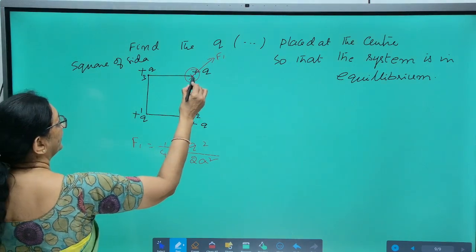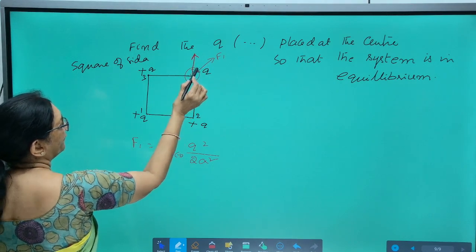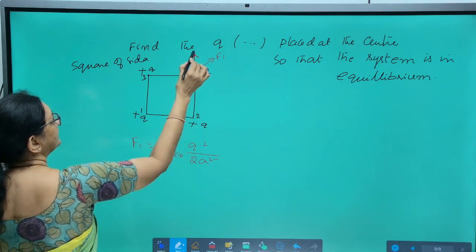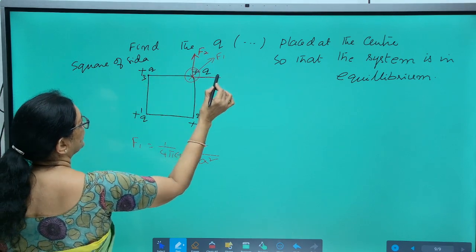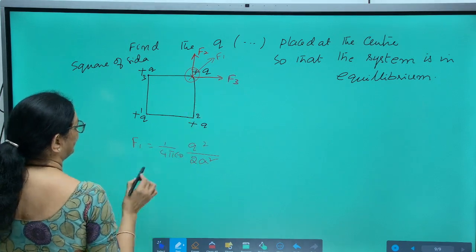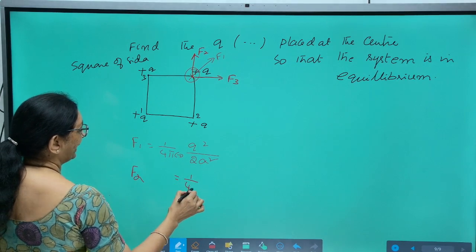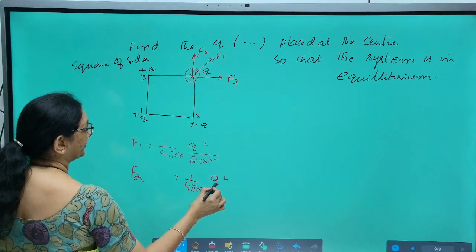Now, F2 will be along this direction. F2 is the force on this positive charge, and it exerts repulsion. Similarly, due to this other charge, force is repulsion. This is F3. So, F2 is equal to 1 by 4 pi epsilon naught q1 q2, which is q squared, by the distance.